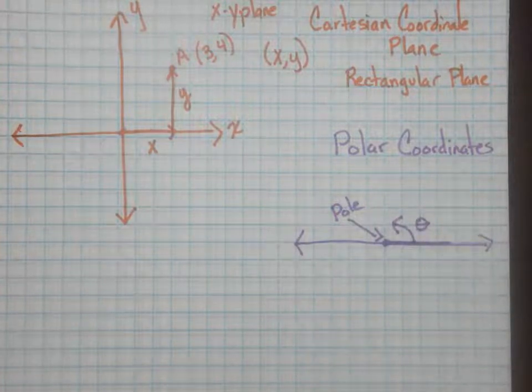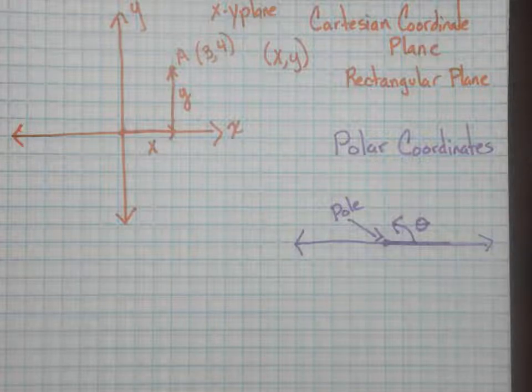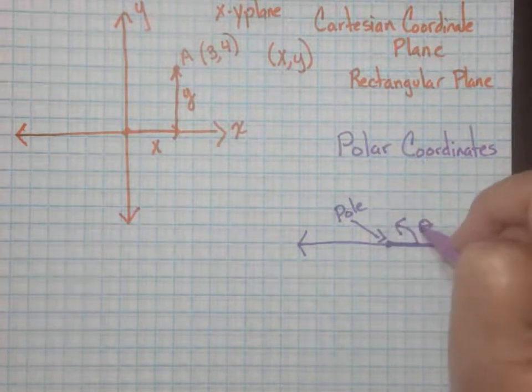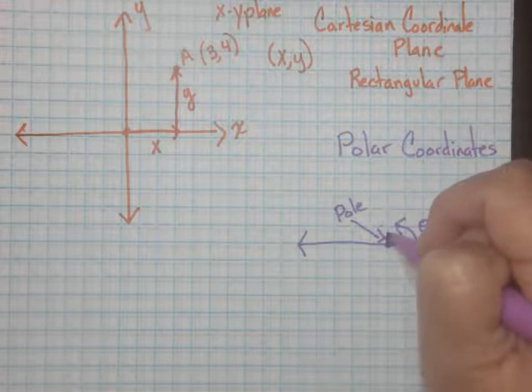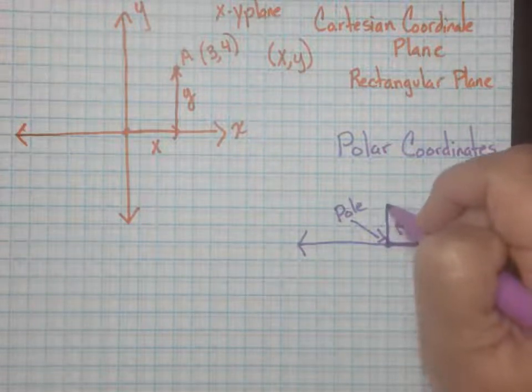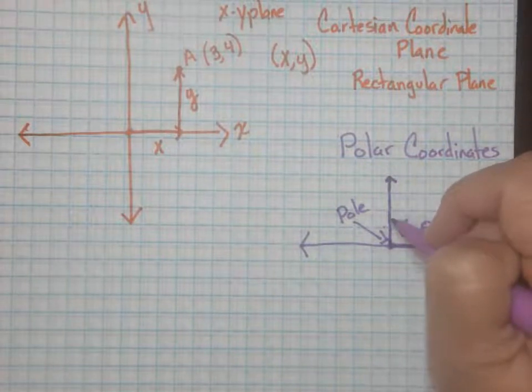So you measure a directional angle, theta. And then you go along the path of theta, and it's going to tell you how far up to go.